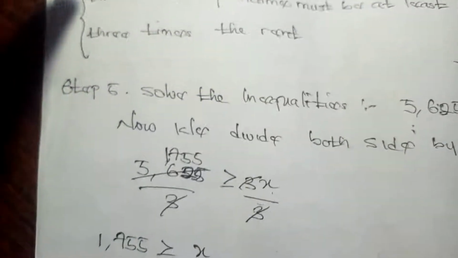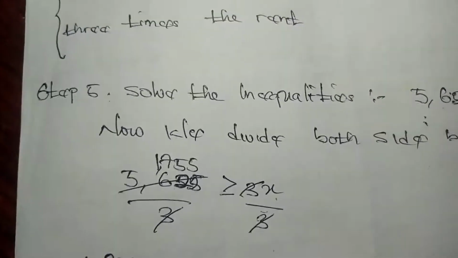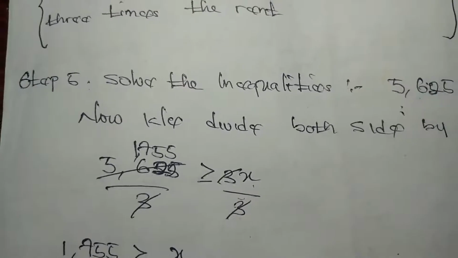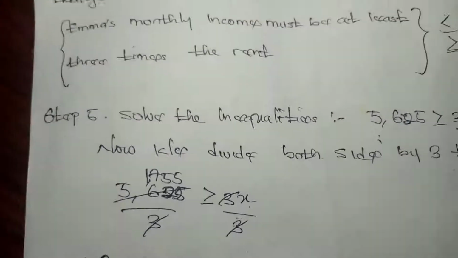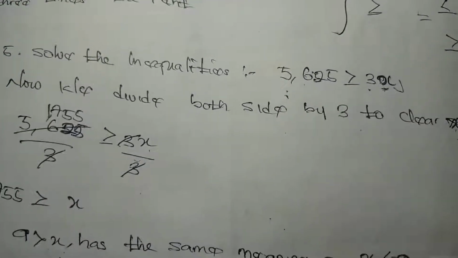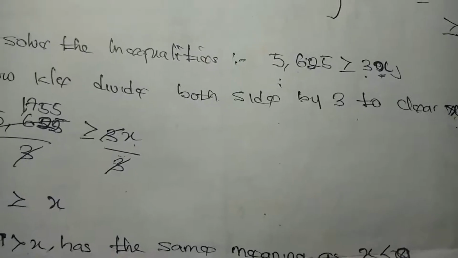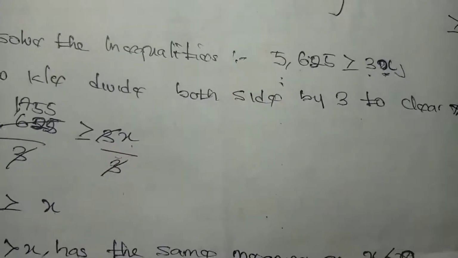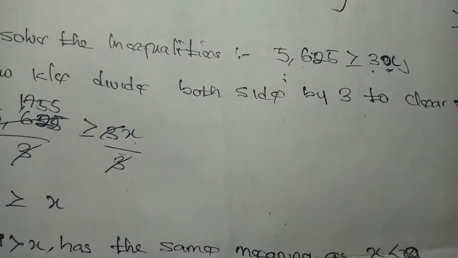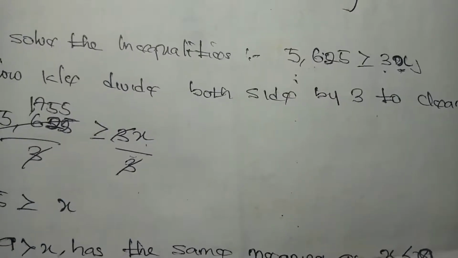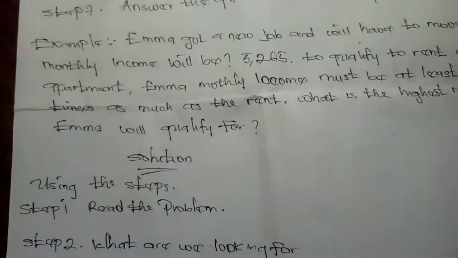So step 5, we'll solve the inequality. Now I've already written the inequality down, which is $5,625 is greater than or equal to 3x. Do you know where that 3x came from?